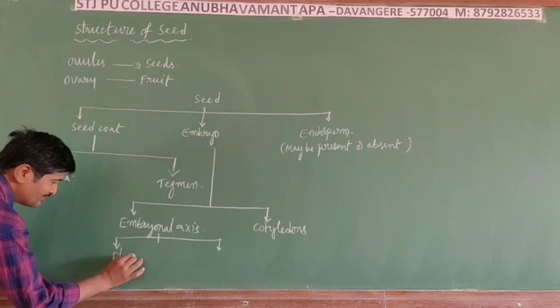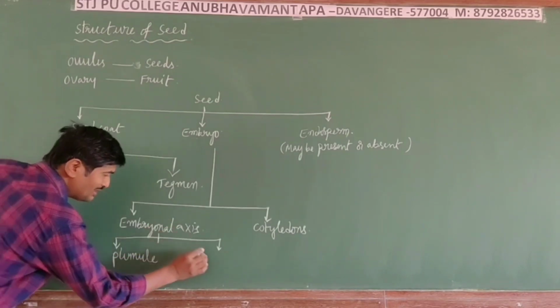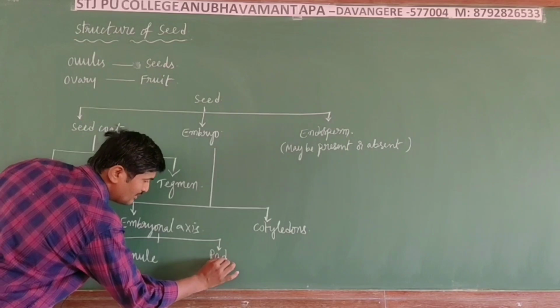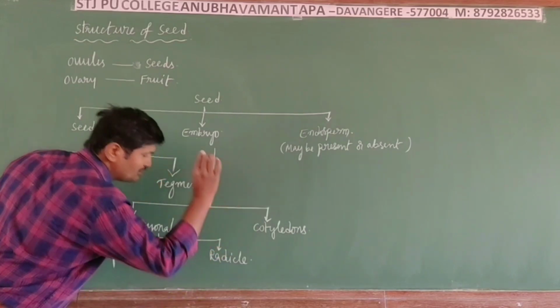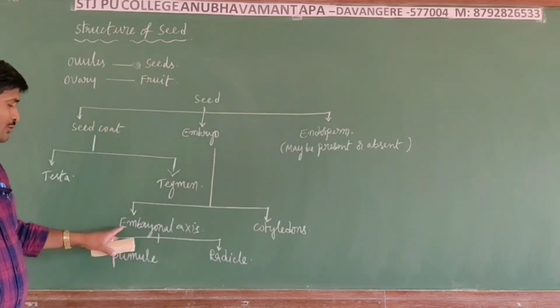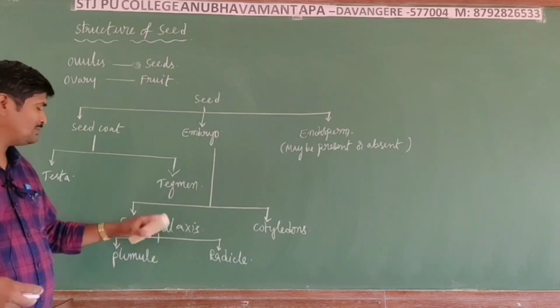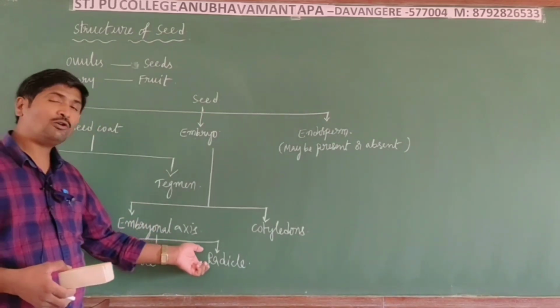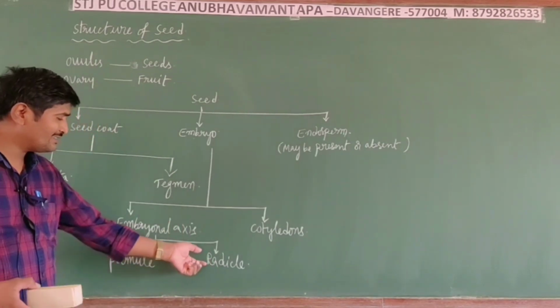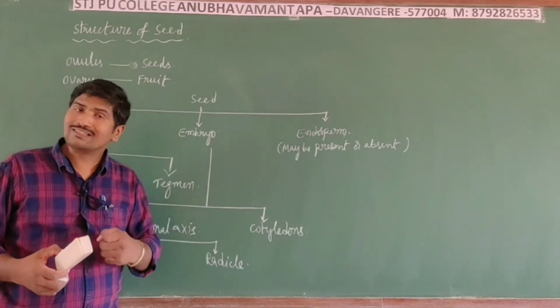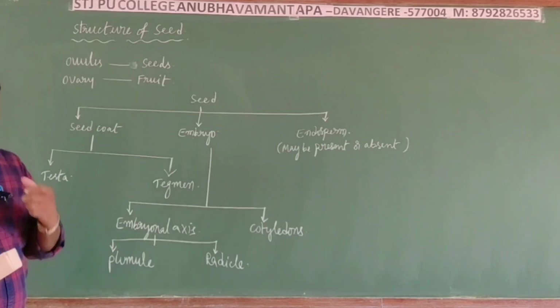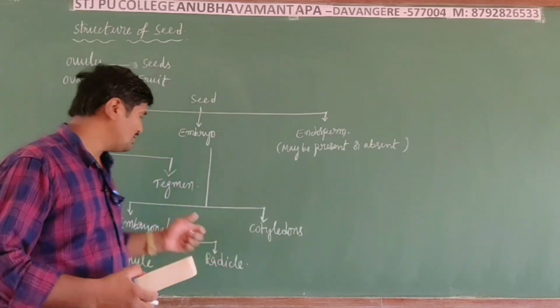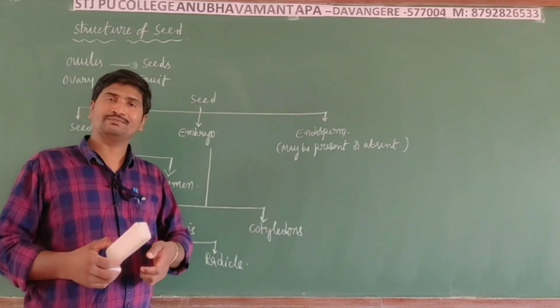One is the plumule, another one is the radicle. On either side of the embryonal axis, the upper side is the plumule and the lower side is the radicle. The radicle gives rise to the root system and the plumule gives rise to the shoot system. Next one, cotyledons.